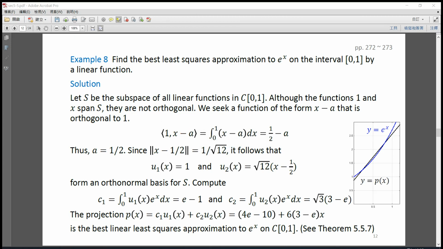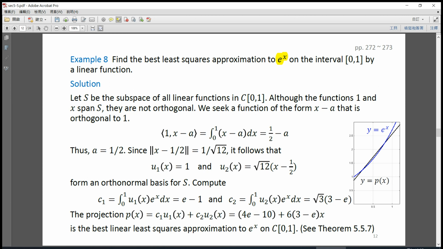Next, we discuss example 8. The goal is to find the best least squares approximation to the natural exponential on the interval from 0 to 1 by a linear function. To this end, first we will construct an orthonormal basis for the subspace of linear functions.